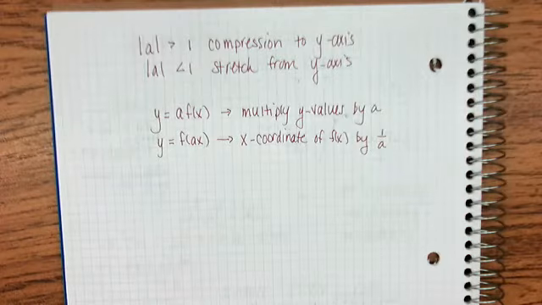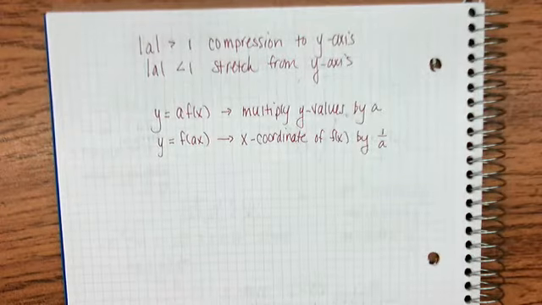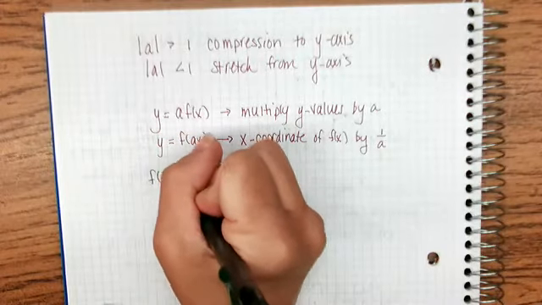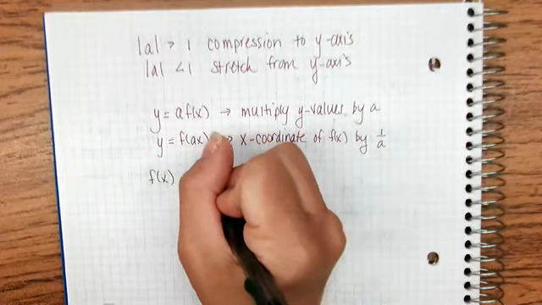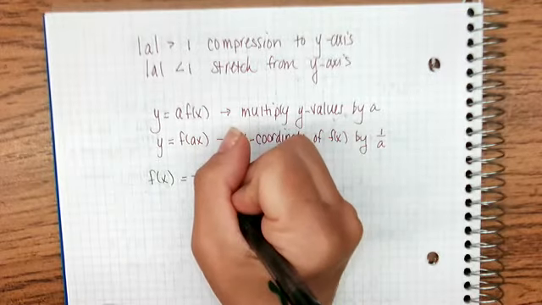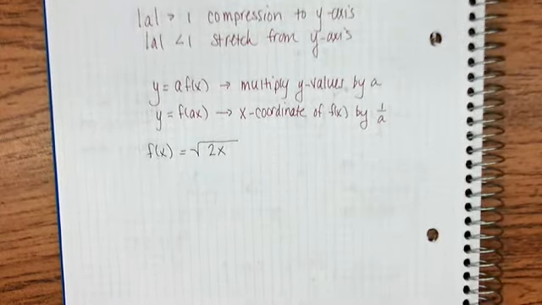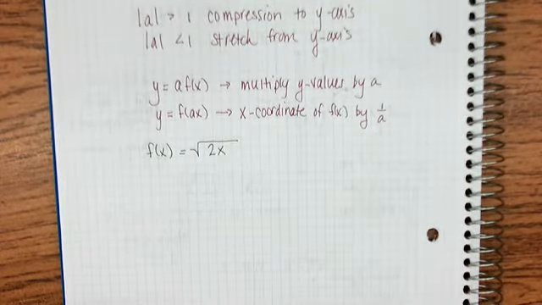Huh? Okay, so let's look at the square root function. Let's just do 2x. Let's not do a shift. Let's just start slow.